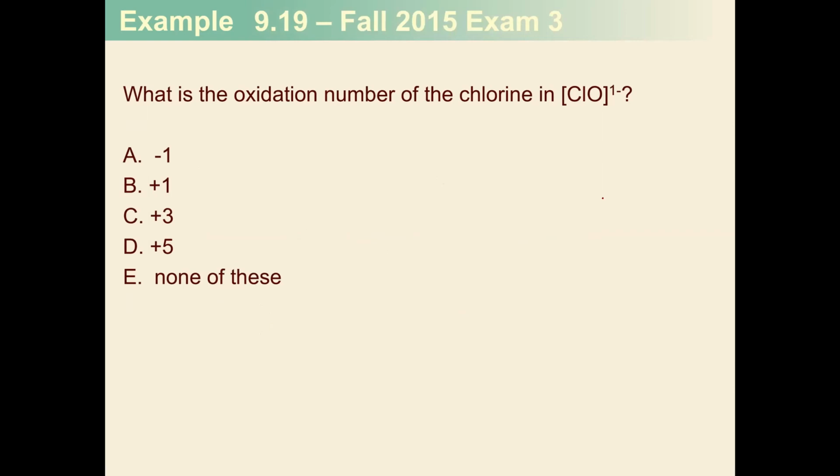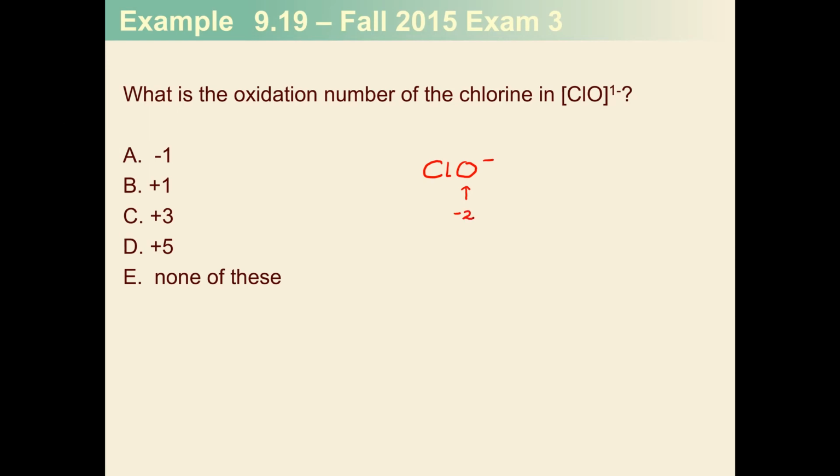What is the oxidation number of the chlorine in ClO1-? So this is the hypochlorite ion. So now what we have to decide is, is there an atom in this that we are most confident in? This confidence comes from our oxygen. Remember that our oxygen is going to be -2 in most cases.